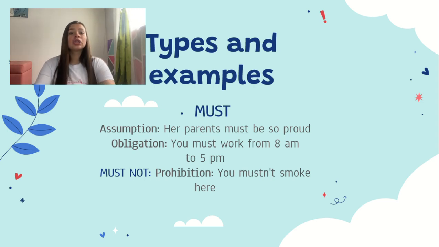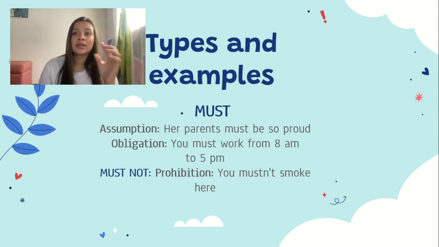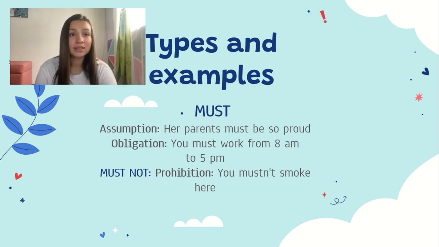For example, you must work from 8 a.m. to 5 p.m. On the other hand, we can use must not for a prohibition. Okay, for example, you mustn't smoke here. It's a prohibition to smoke here. Okay, and I need you to have this part clear.